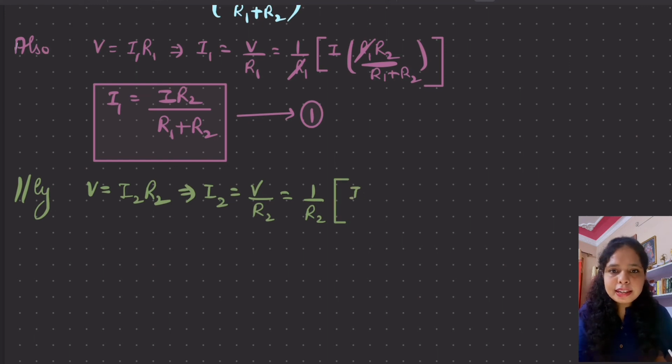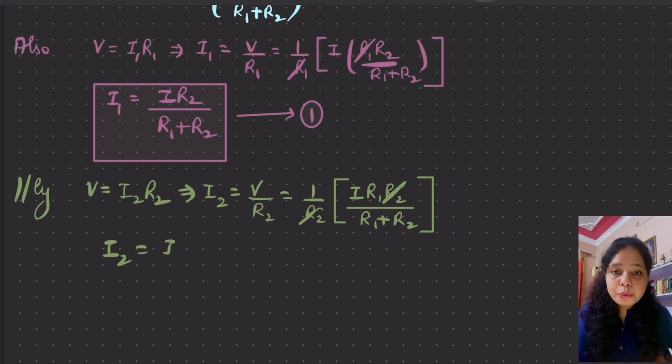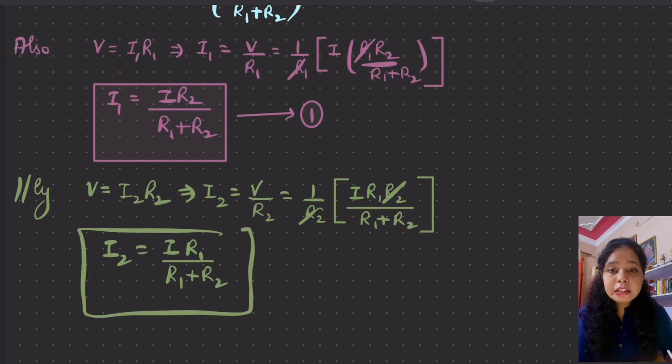Therefore, I can say I2 is equal to 1 upon R2 multiplied by I into R1 R2 divided by R1 plus R2. So here I can cancel R2. So I am left with I2 is equal to I R1 upon R1 plus R2. So this is the final expression for the branch current, that current which is flowing through the resistor of resistance R2.